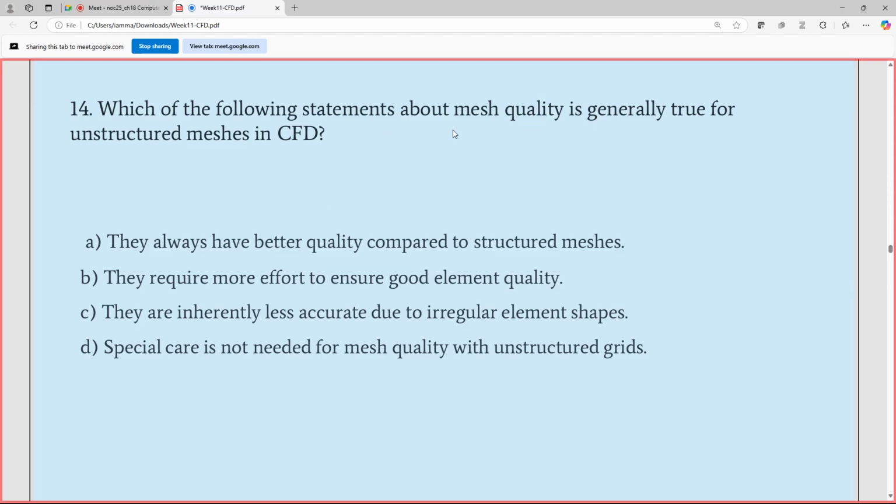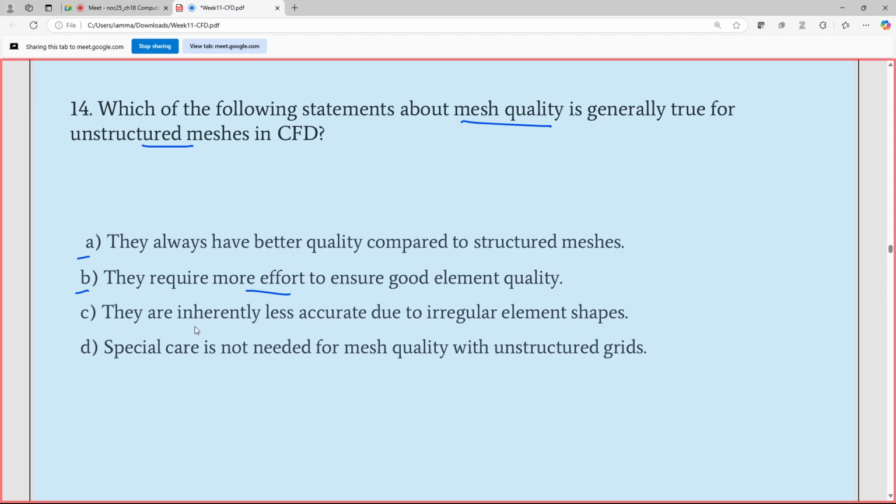Which of the following statements about mesh quality is generally true for unstructured meshes in CFD? So the question is about the mesh quality of unstructured meshes. Options are: option A, they always have better quality compared to structured meshes. Option B, they require more effort to ensure good element quality.